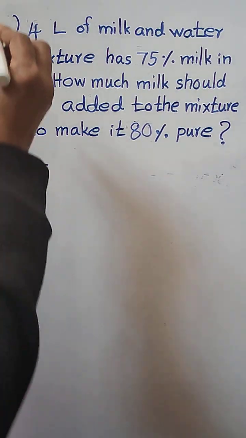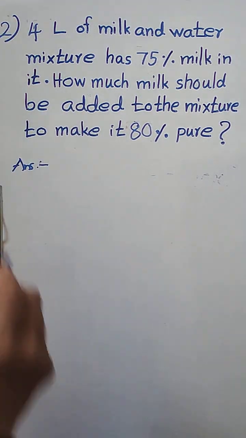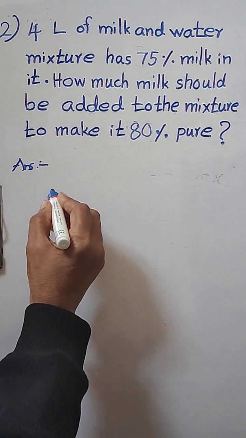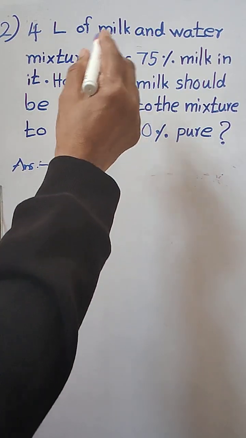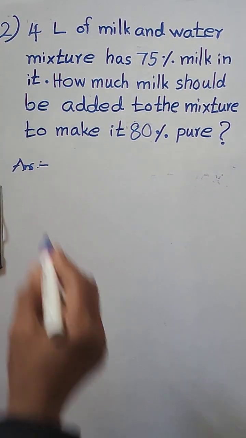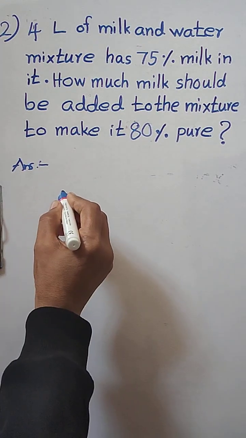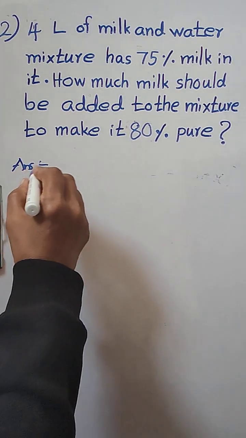In this, we are doing it in one step. It is 4 liter is the original amount. 75% of 4 liter is 3 liter, that we know.